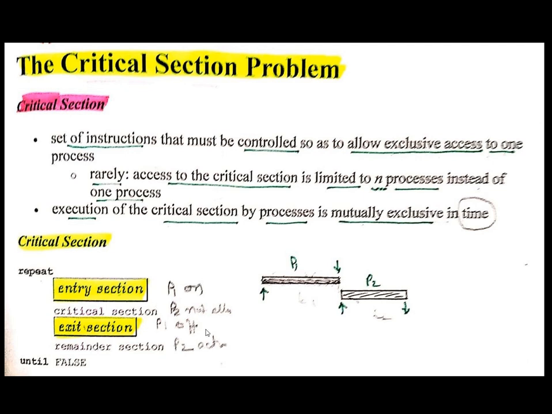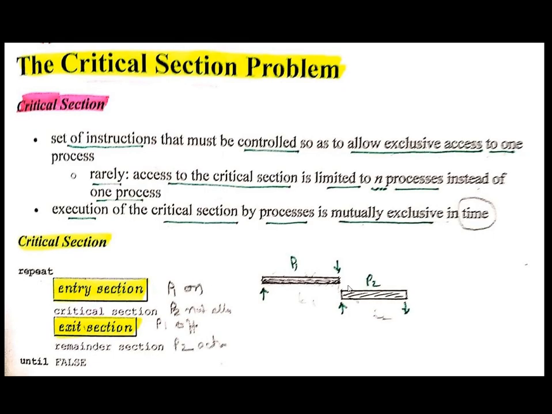So this is the P2 section. When in the exit section, P2 is already given the reminder that you are going to enter the entry section. The entry section is the critical section, and the exit section is a reminder. Critical section for P1, reminder section for P2. So this is what critical sections mean.